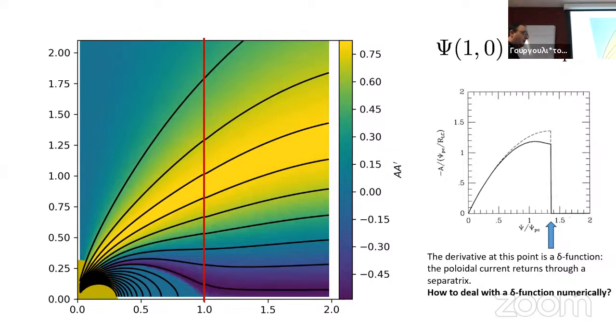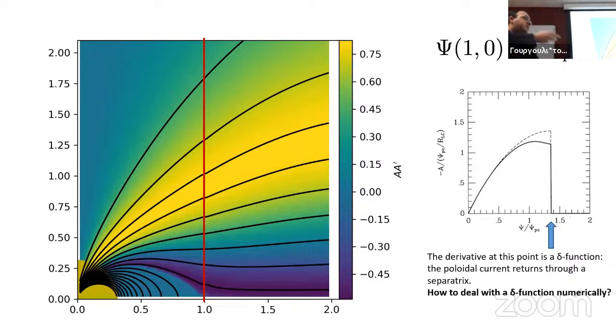By solving this equation, we also get a value for this quantity that we call A. Essentially, it's the current that flows on these field lines and is required for them to cross the light cylinder smoothly. Once you do that, you find that this A of psi takes this form, but then it has to go immediately to 0 at this point, the separatrix over here.